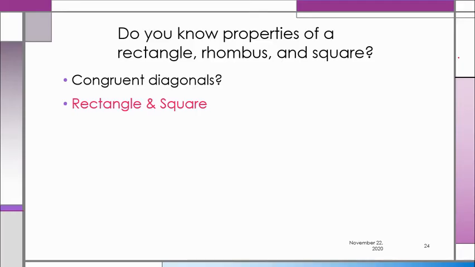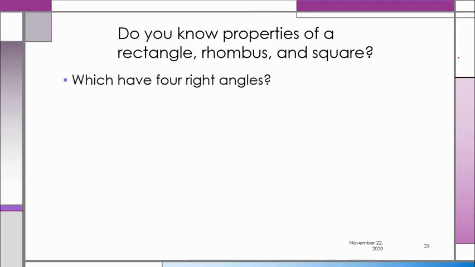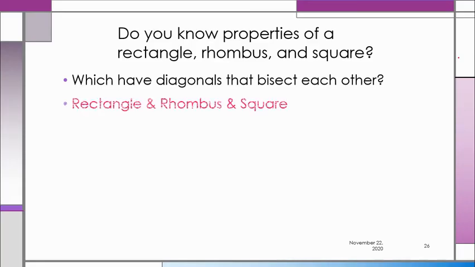The rectangle and square have congruent diagonals. Which have four right angles? The rectangle and square have four right angles. Which have diagonals that bisect each other? All three have diagonals that bisect each other.